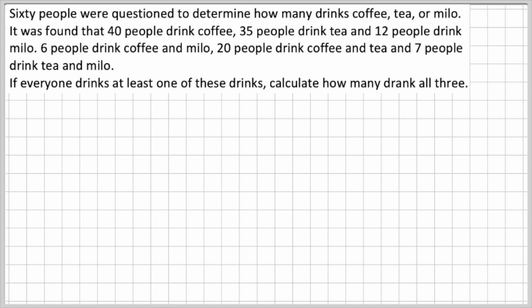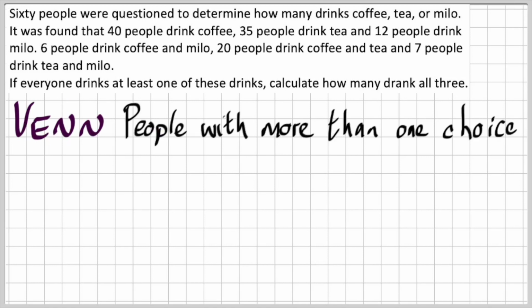First of all, how do I know that it is a Venn diagram? Remember, we've got three options in grade 11. We have tree diagrams where there are multiple events happening after one another, Venn diagrams, which are there for when we have more than one choice, or contingency tables, which has to do with independence.